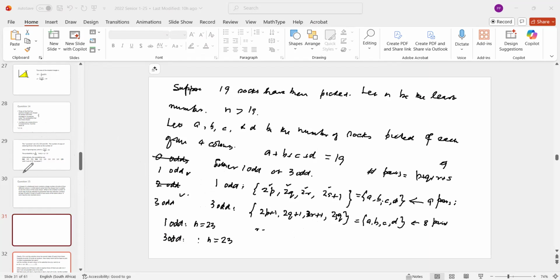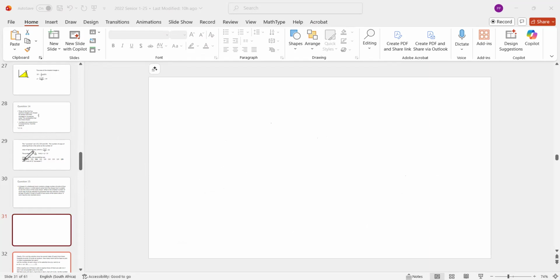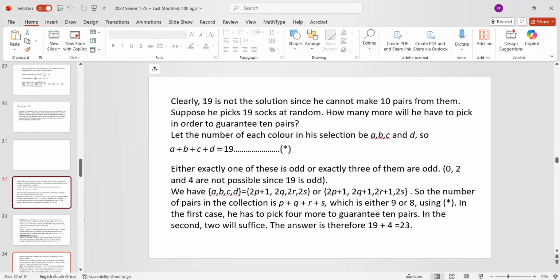Okay, so let me just clear all those drawings and show you the actual solution. So yeah, you can see I argue the whole thing out. The one that I tried to avoid is this one here, where you got 3 odd and 1 even.